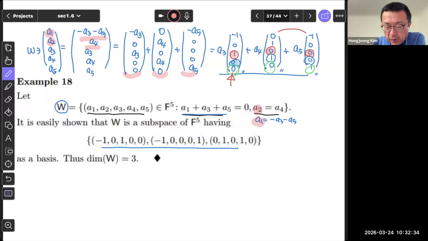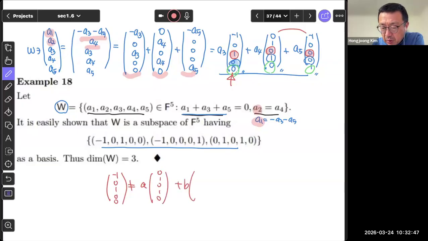So my point is negative 1 0 1 0 0 cannot be written as, say, A times 0 1 0 1 0 plus B times negative 1 0 0 0 1. You cannot write down the first vector as a sum of the other two.